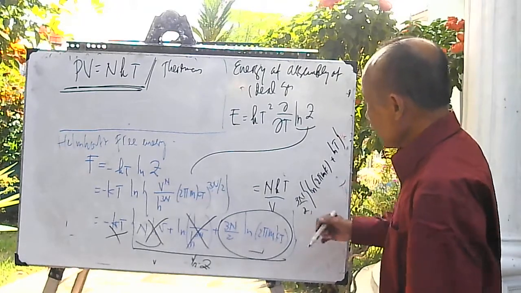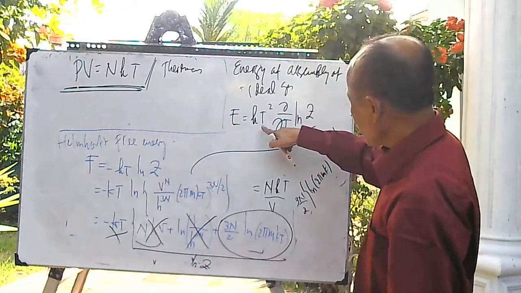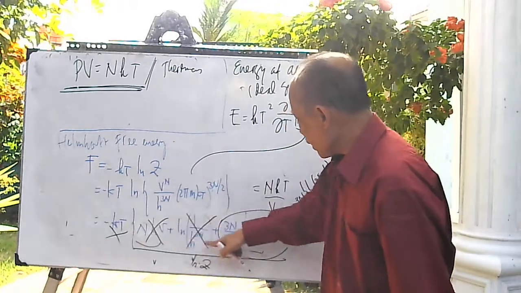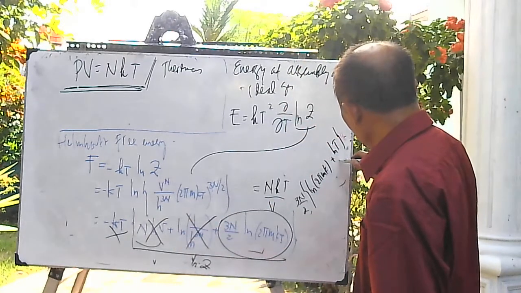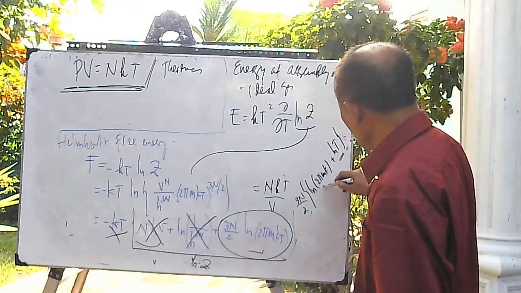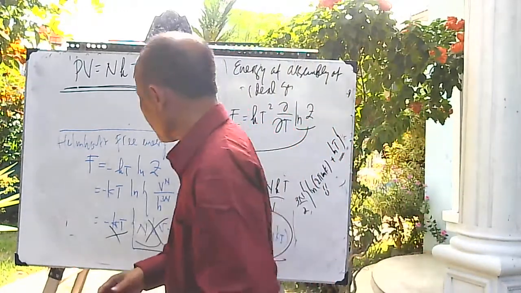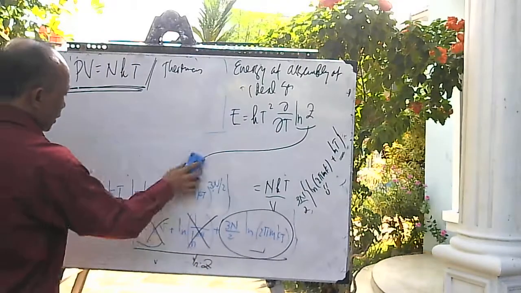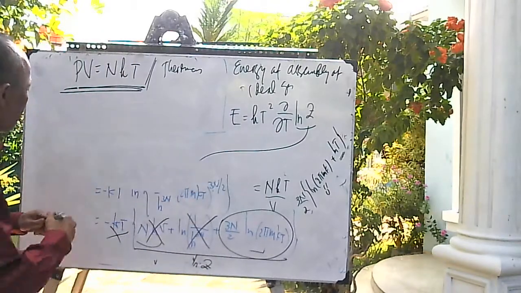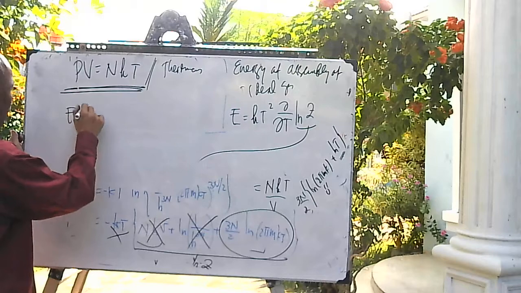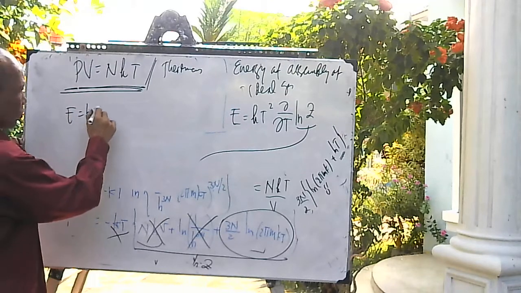So if we derive this expression against temperature, we will only leave this one. This will become zero also. Only this one. So the energy of the assembly becomes kT squared.